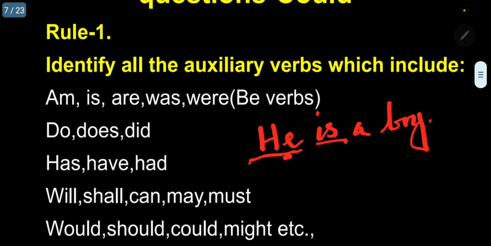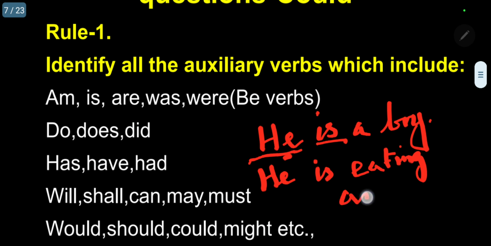So he is a boy. Here is is acting as a main verb. Clear? The same I am now using in another sentence: he is eating an apple.